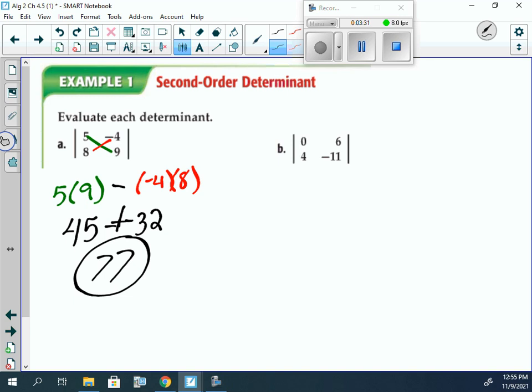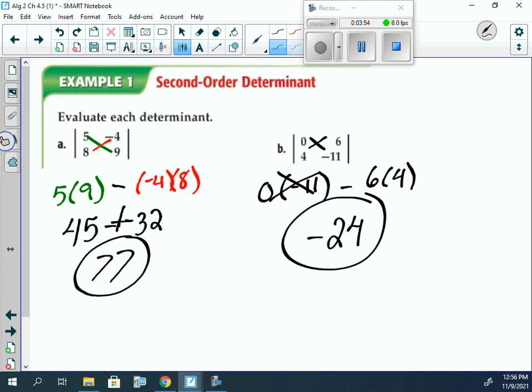So if we looked at the next one, well, we would do what? So 0 times negative 11, and then we would subtract from it. Well, 0 times 11 is 0.